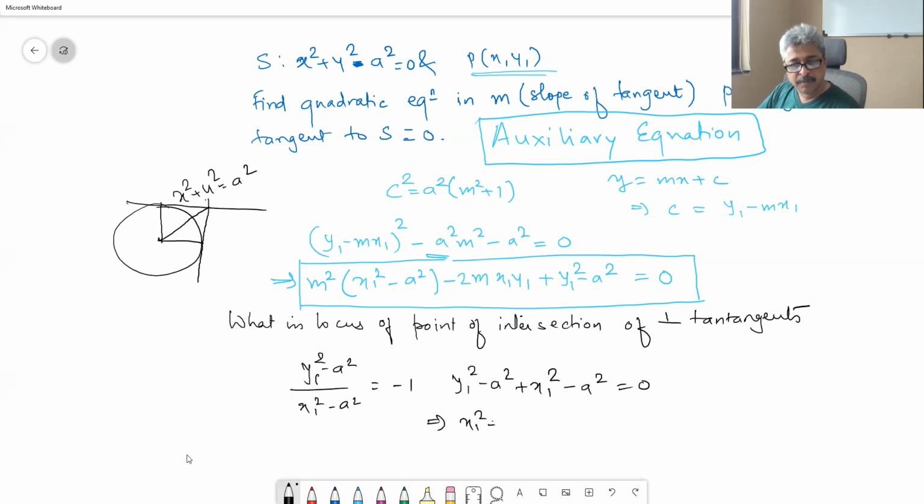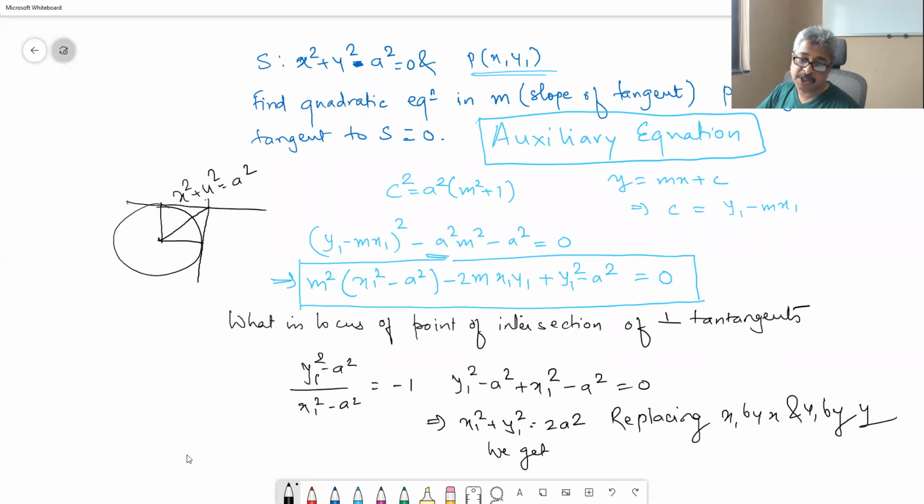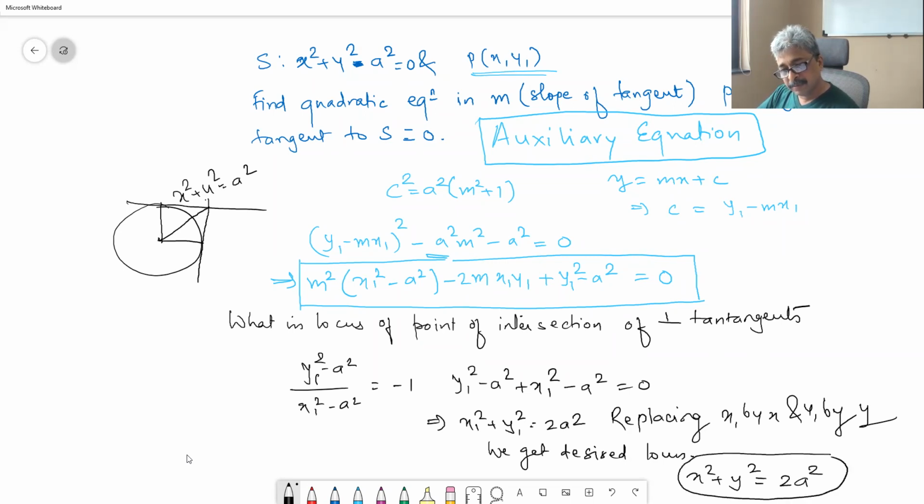That is x1 square plus y1 square is equal to 2a square, replacing x1 by x and y1 by y, we get desired locus x square plus y square is equal to 2a square.